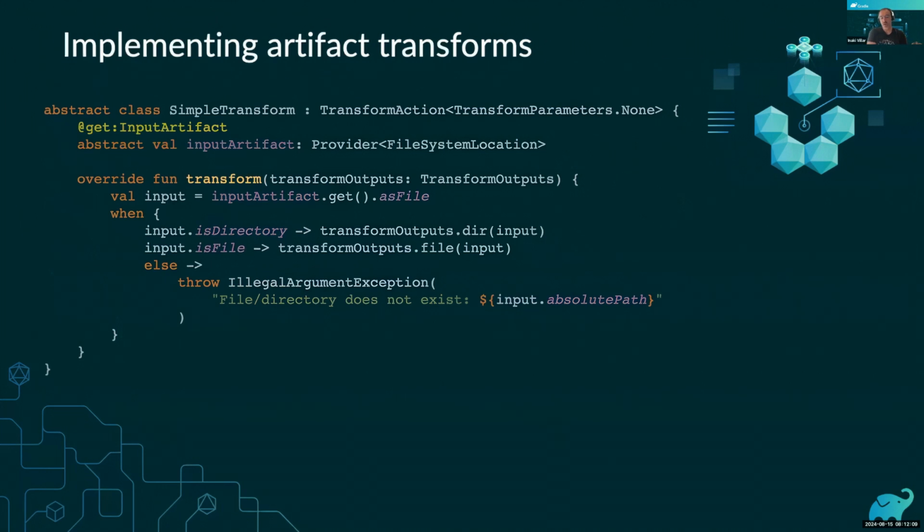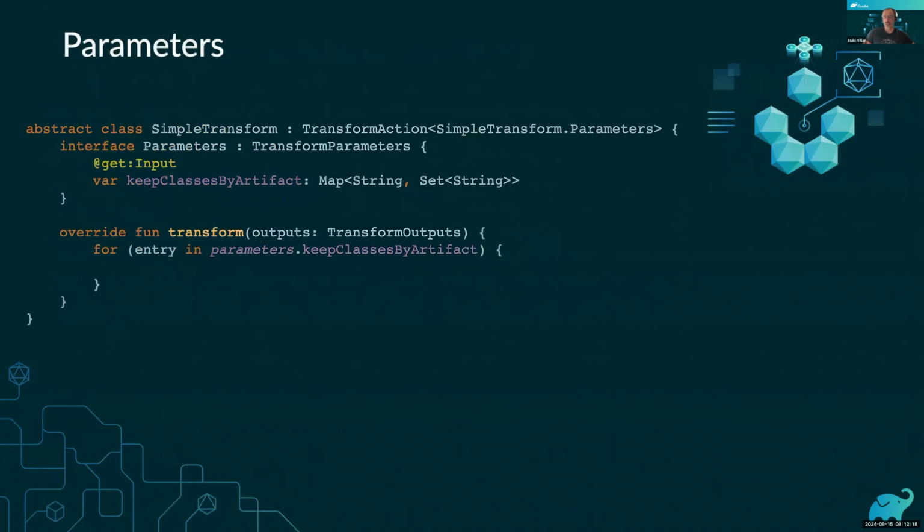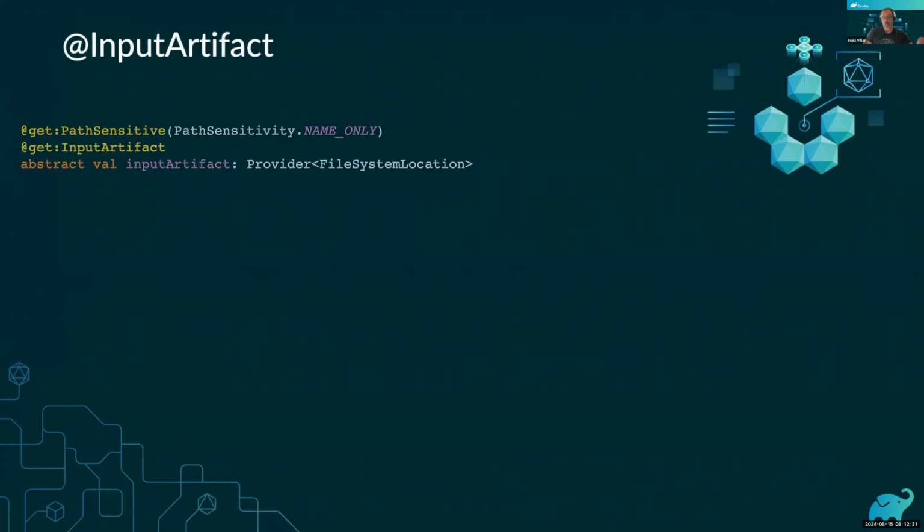The implementation of the artifact transform needs to register its output artifact by calling transform outputs dir or file. The parameters are implemented in a separate class, and in this example, we are declaring an input parameter that later is used by the injected property parameters. The input artifact is used to inject the artifact into the action.